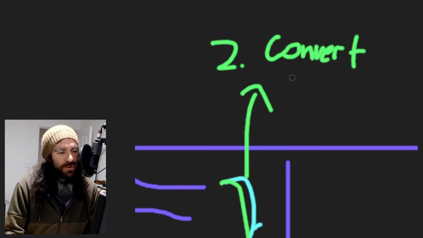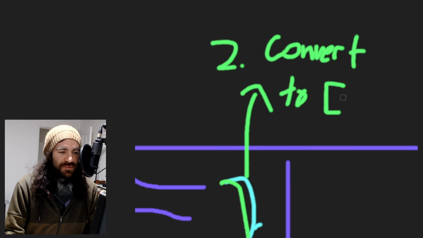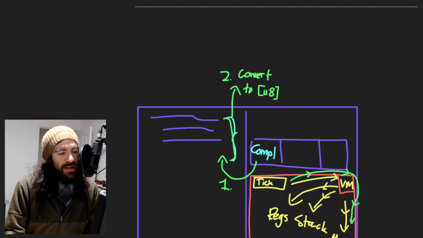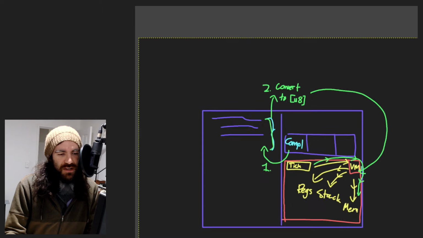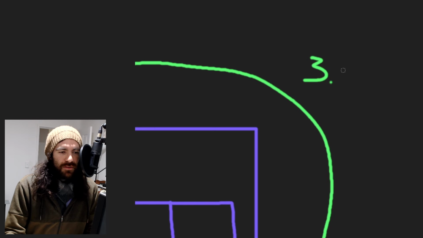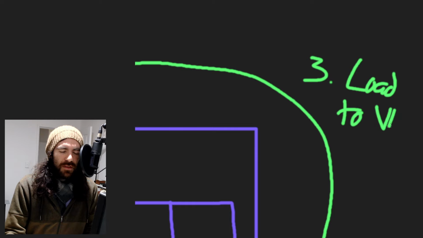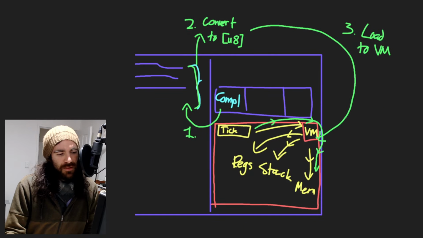We convert code to a slice of U8, essentially, a slice of bytes. And then that somehow needs to end up in our virtual machine, right? Load to VM. It needs to end up in our virtual machine.